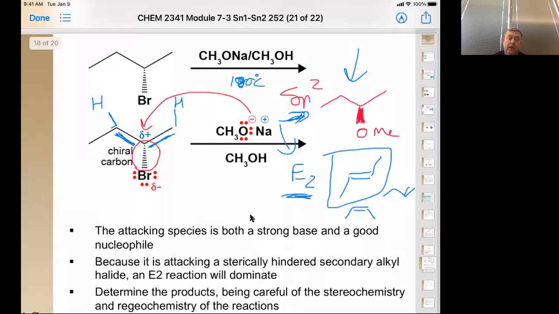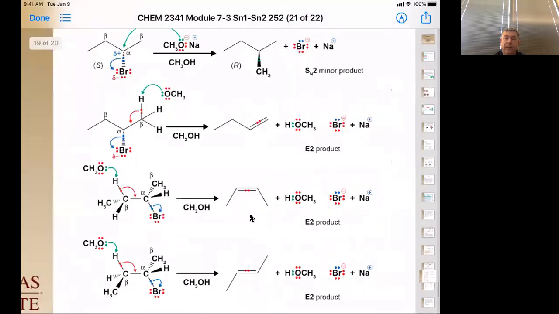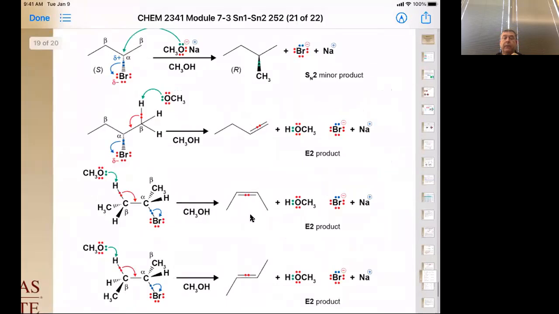All right, questions on that? So here are all of the products drawn out for you. Our SN2 product, our E product, and our E product. And this right here is our minor product because it's going to act as a strong base first and a nucleophile second.